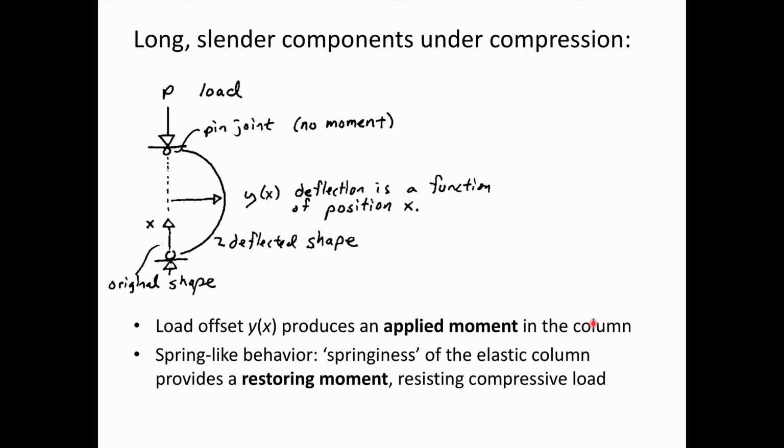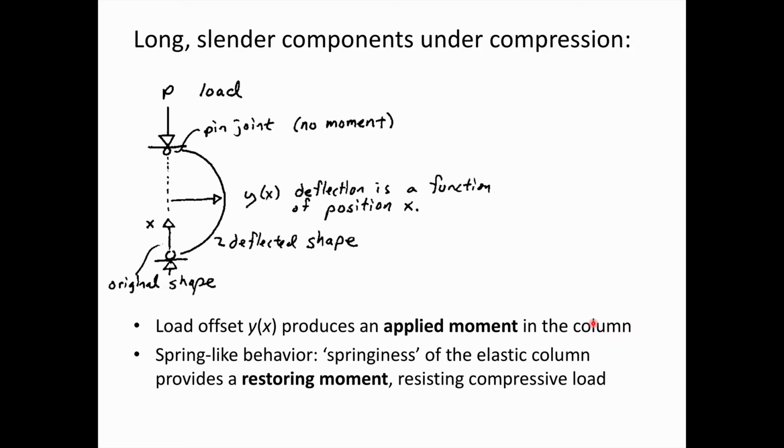And it's this offset that produces a moment or a bending inside the column. This overall loading condition results in a spring-like behavior. So there's kind of a springiness to this elastic column.